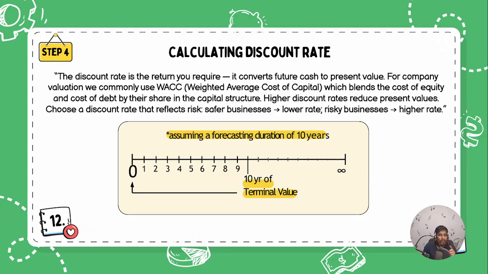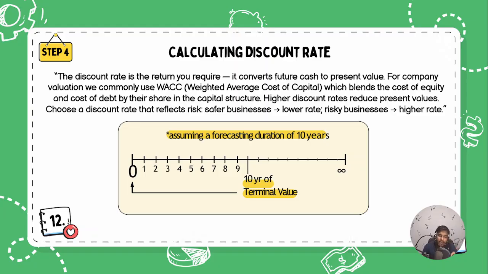If it is equity, we discount it with the proportion of equity. For example, 100 rupees is the valuation of the company, the money the company has in its capital structure. Out of that 100 rupees, 80% is equity and 20% is debt. If I'm investing in equity, I will discount it with the equity proportion, that is 80%. Simple. Now I will get my discount rate.